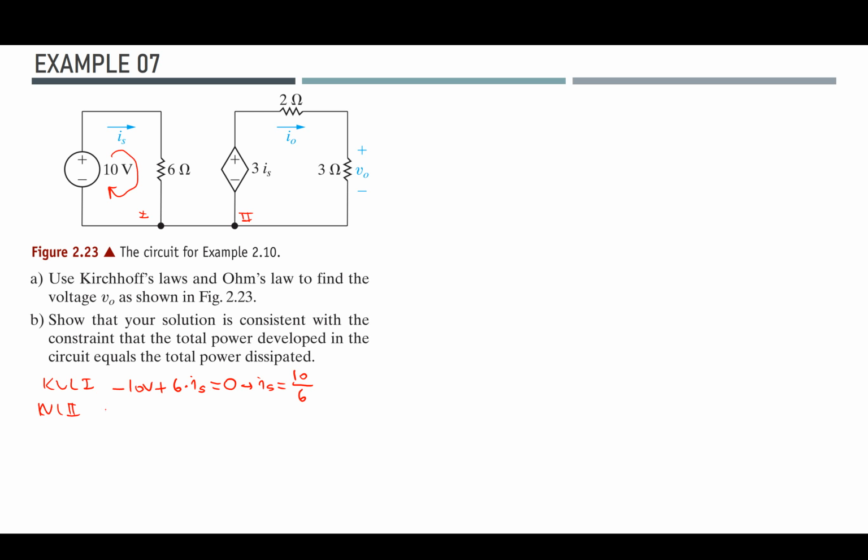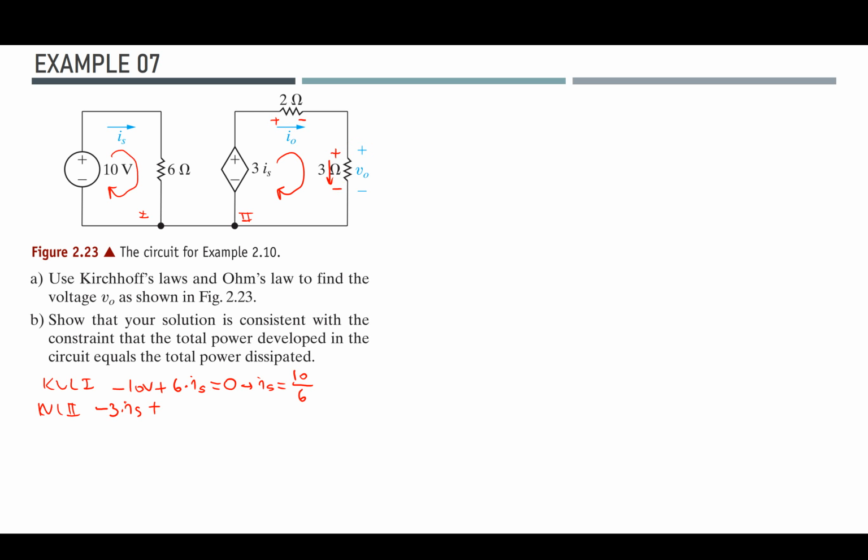2, this is going to be the same thing, but this time I have the dependent source, so I'm going to write minus 3 times IS plus here, since I have an assigned direction, it means I'm going to get this, and VO is already given like this, so the current should be flowing in this direction, and I have the IO.